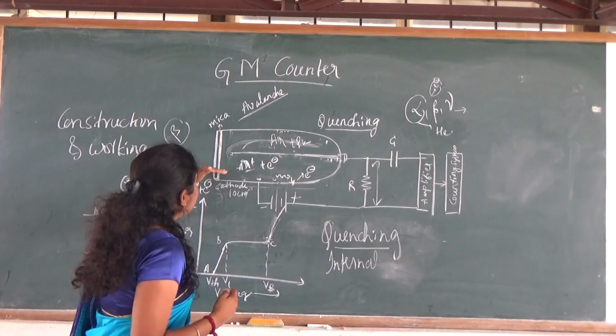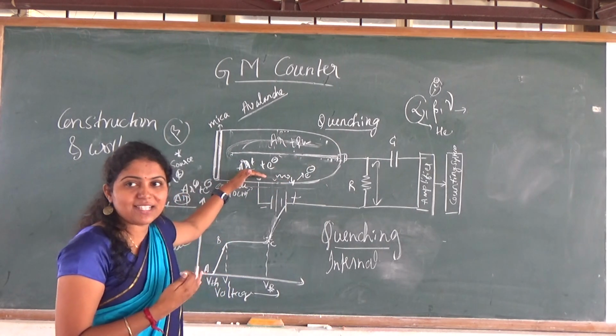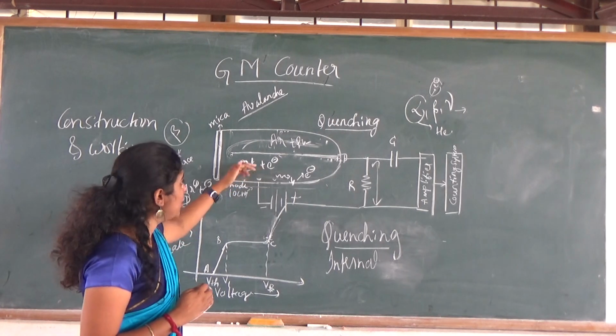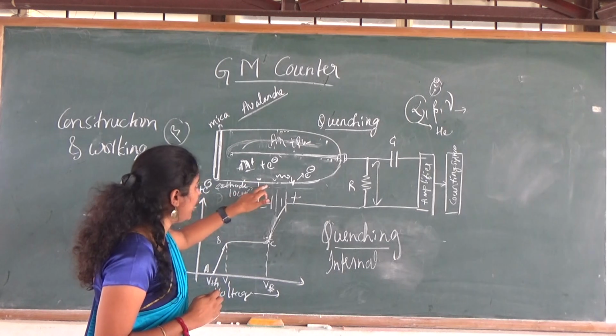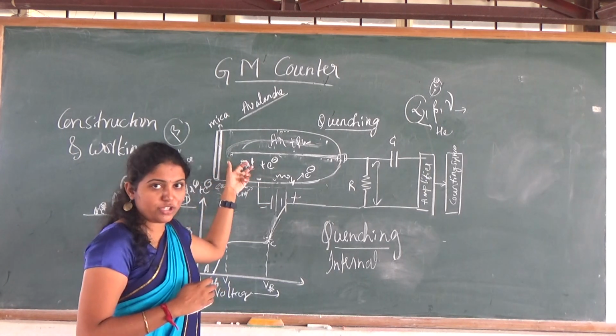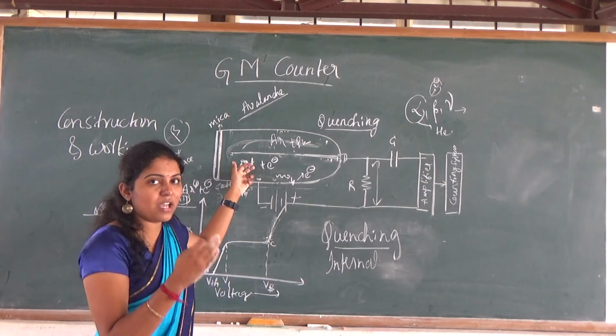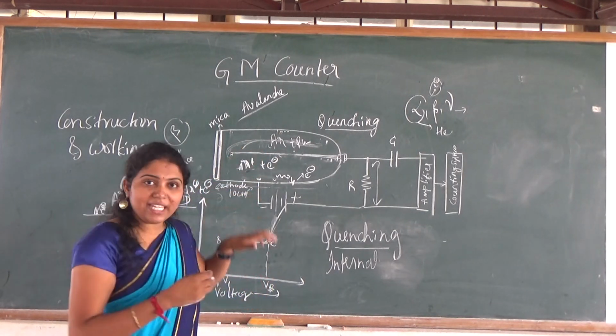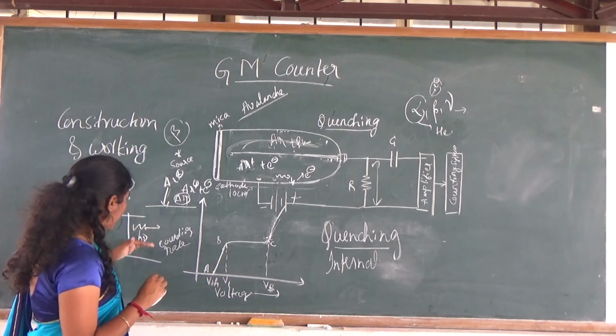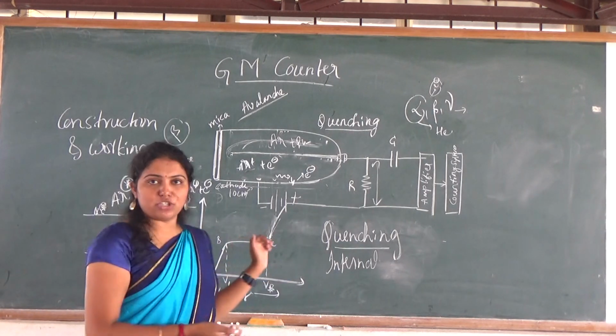So during neutralization of the argon ion at the cathode, it gets an electron, giving an argon atom in the excited state. During de-excitation of this argon, there is an emission of a photon.